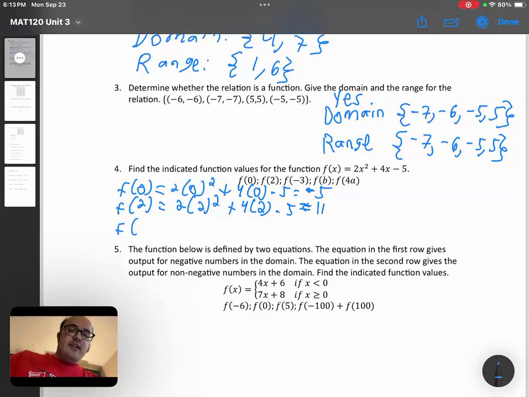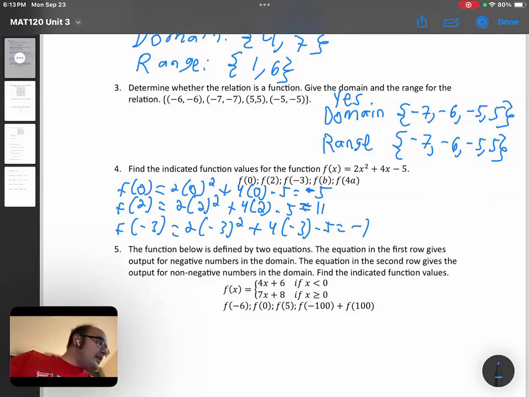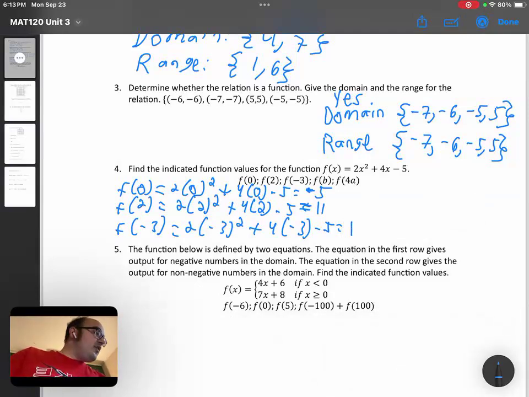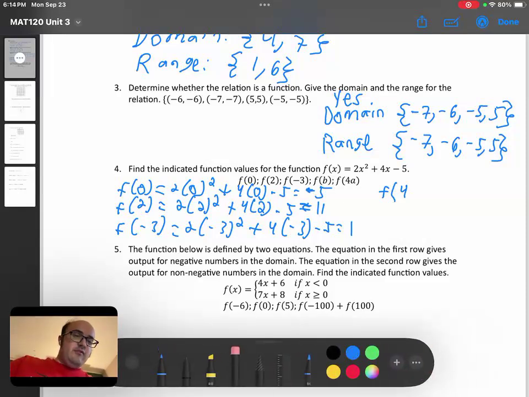For f of -3, this is 2 times -3 squared plus 4 times -3 minus 5. And that should give us a value of +1. For f of 4a, let's say for f of b first, actually. Let me go in order.